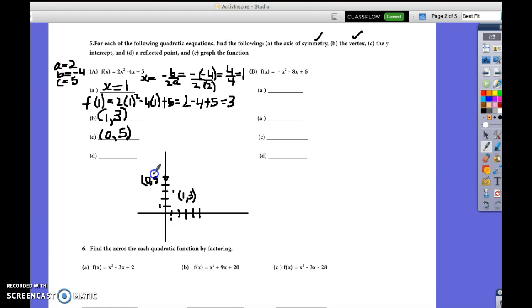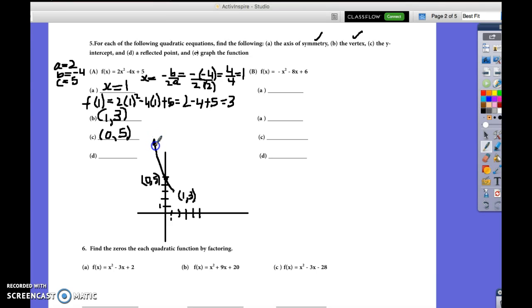And now I'm going to show you the reflected point. Well, let's go ahead and graph this half first. Here's the vertex. On this graph, it looks something like this. Now it's a parabola. So that would be half of it.